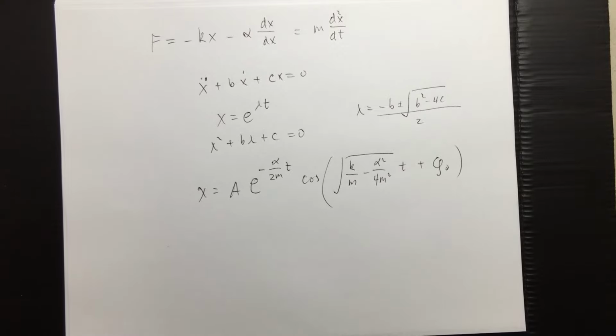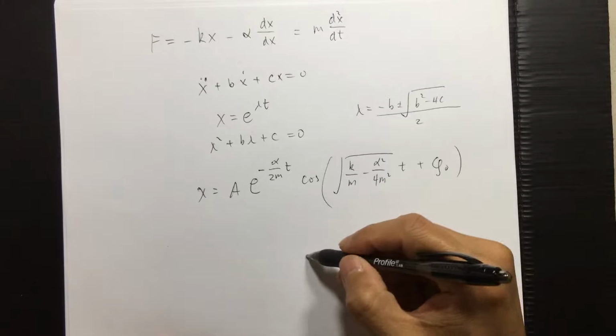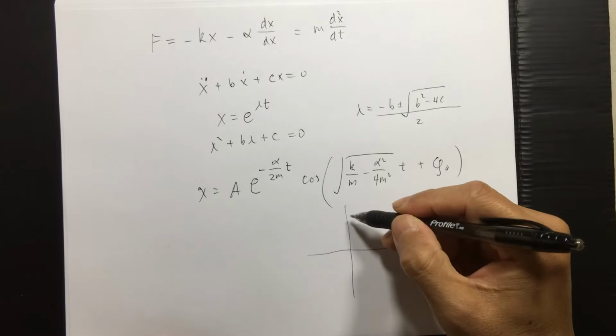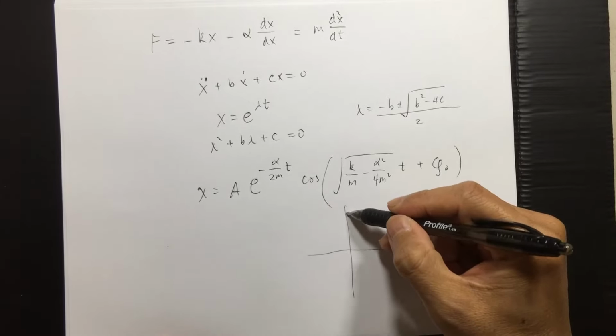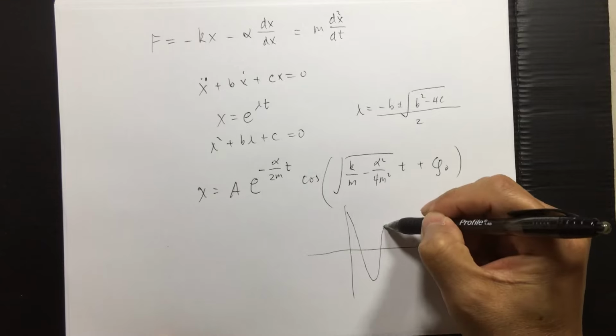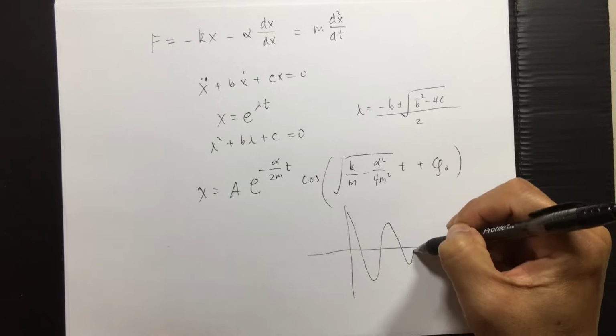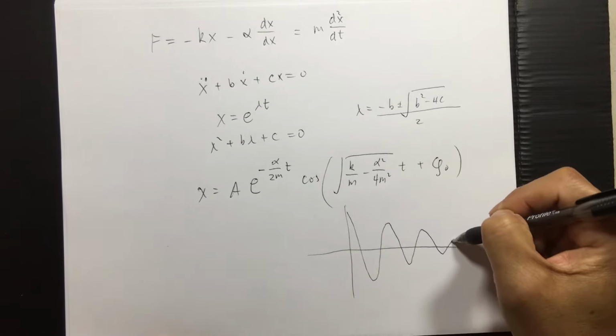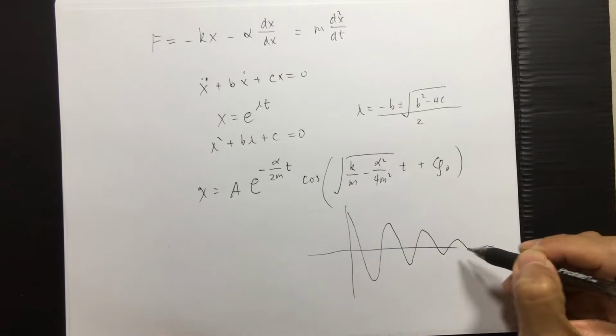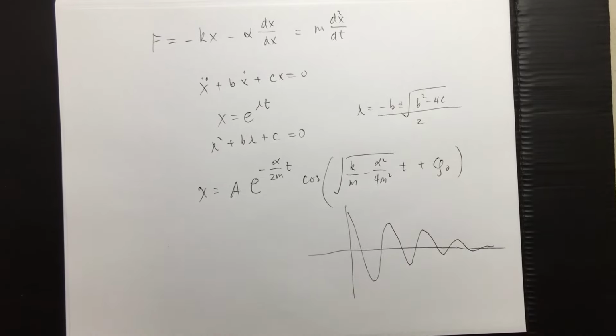In other words, this thing goes like this, right? If you pull it somewhere, then let it go, the amplitude will go down. The frequency doesn't change. It's damped movement. Okay.